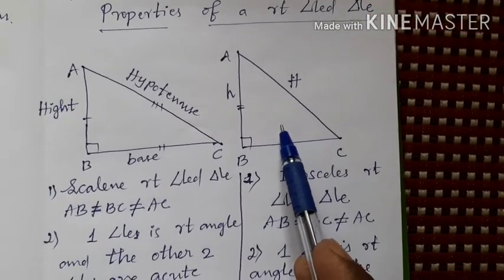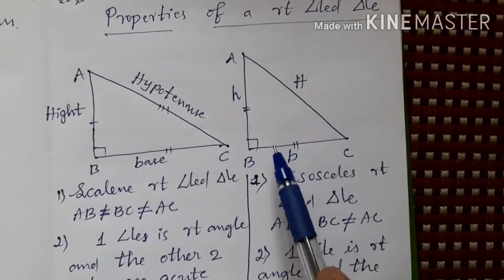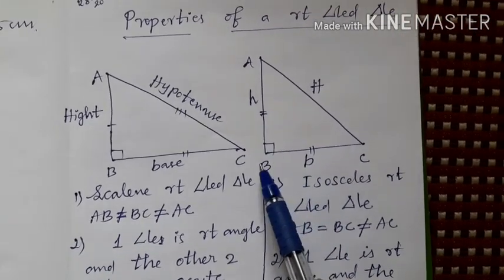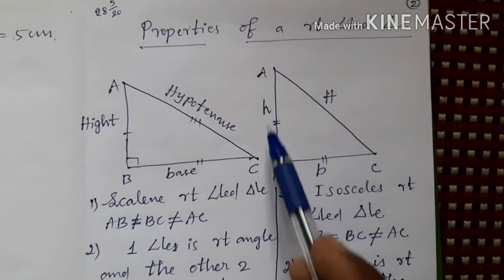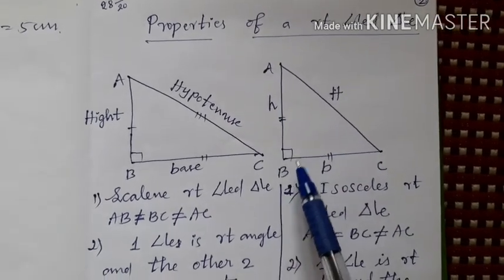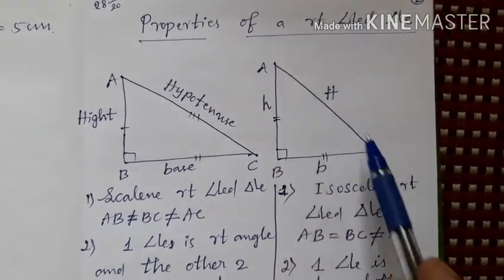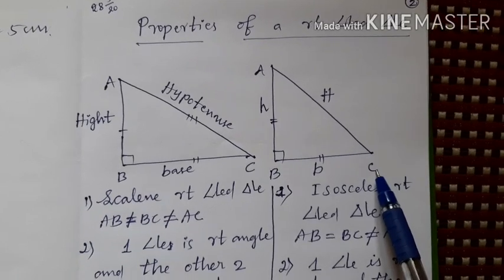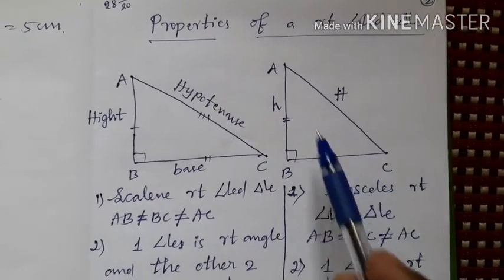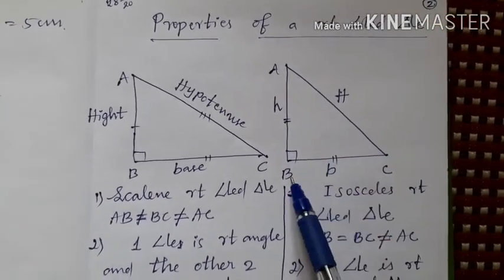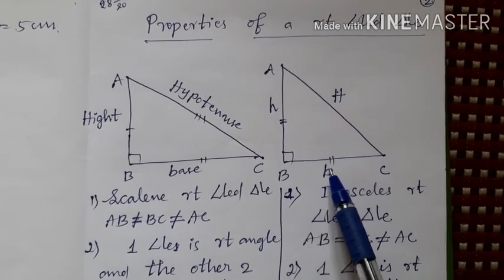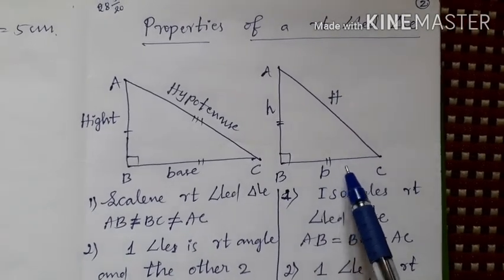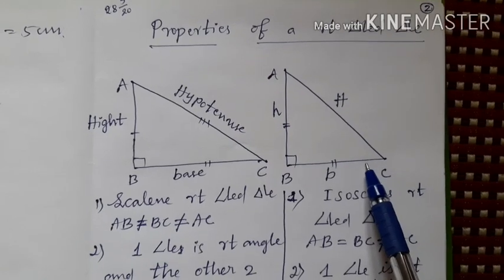Let us take this. This is a right angled triangle in which base BC and height AB are equal, whereas the hypotenuse AC is not equal to the length of base and height. So this is called an isosceles right angled triangle.